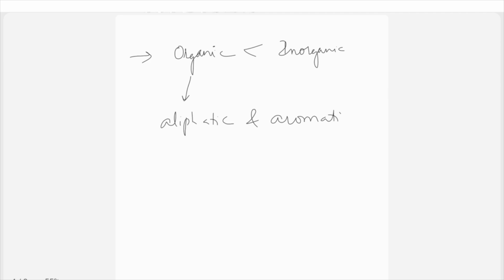Now these organic acids are generally less acidic compared to that of the inorganic acids. Now among the organic acids also we have aliphatic and aromatic. So compared to aliphatic, aromatic are more acidic.